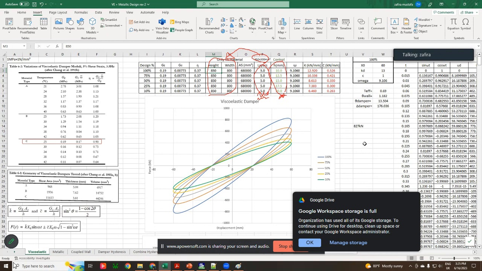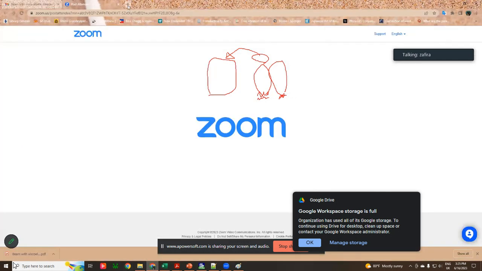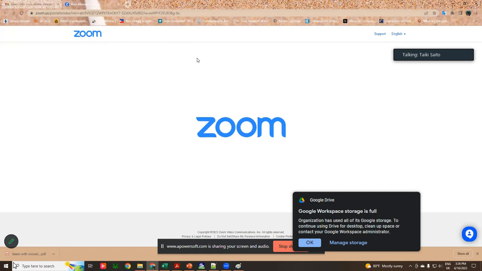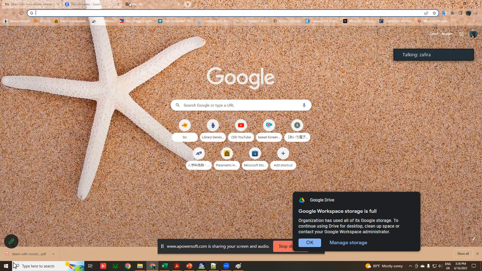I think Nippon still has the catalog for it, because most of the papers that discuss viscoelasticity and apply the damper to real structure buildings are from Nippon Steel. So I will find it. But you don't know if they have a catalog or not. I will find it. But are you sure you can find it? If not, it would be like this.